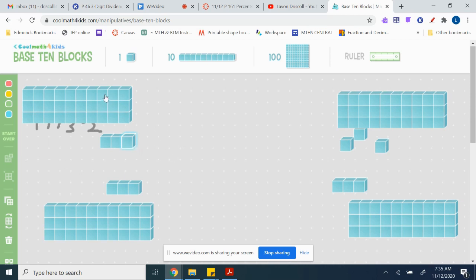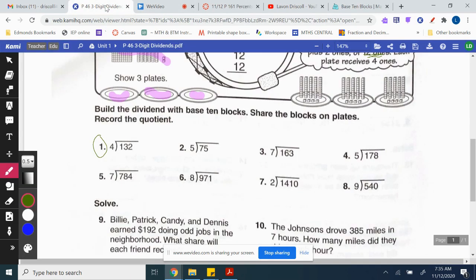I have 10, and then, 10, 20, 30, 31, 32, 33. So when we go back to our problem, I know the answer is 33.